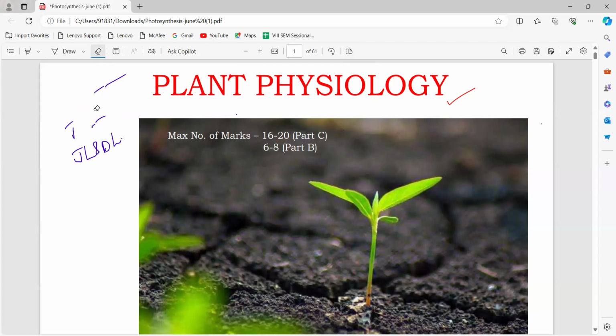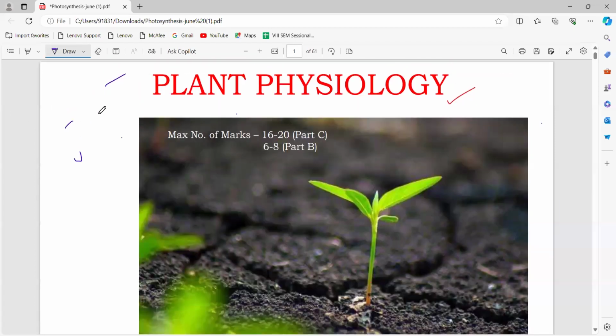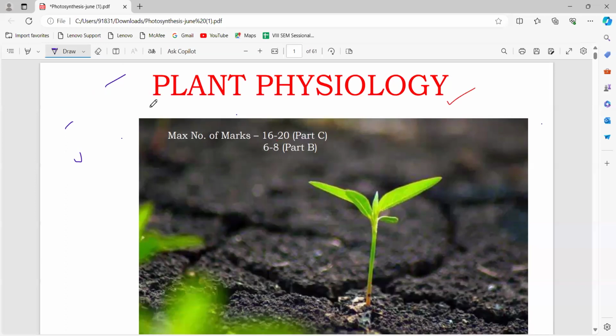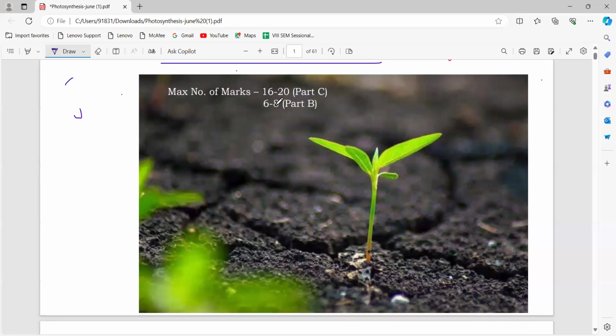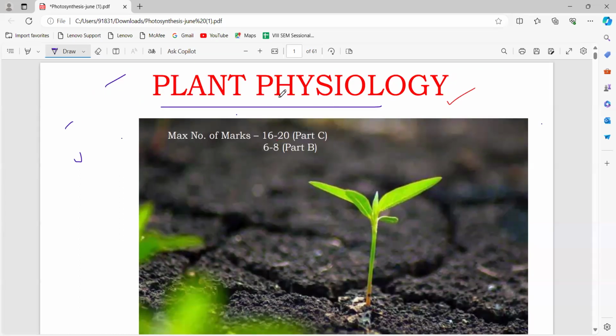Okay, so as I am saying to all of you, plant physiology is one of the most important units that we have to read without fail. The reason is that this is also like a developmental biology unit where there are no number of questions that come biased. There is no bias here.